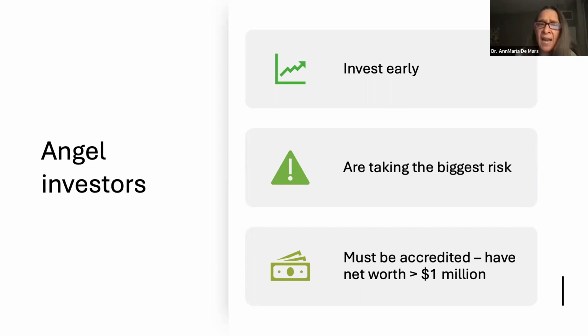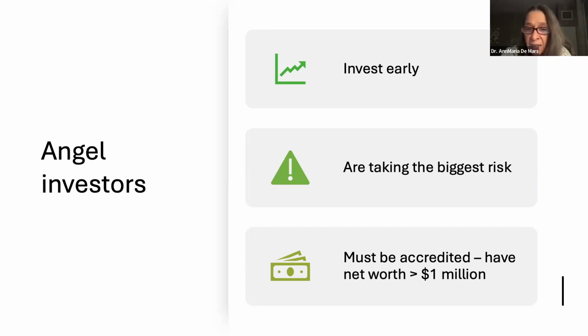That means they have to have a net worth of more than $1 million, or they need to have above a certain income, I think it's over 200,000, and that income is expected to continue. So like if they're a cardiologist and they're making 500,000 a year, they would be considered an accredited investor.